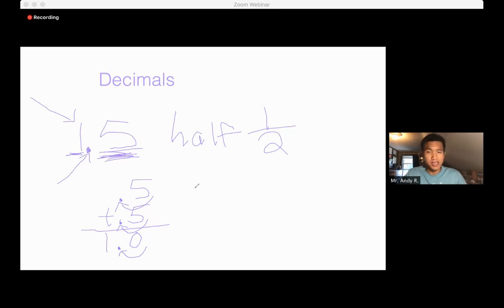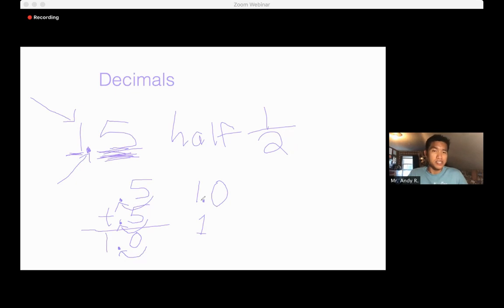So 0.5 plus 0.5 makes 1.0. And 1.0 is basically 1, because 1.0 is the whole number 1. And that's why 0.5 means half.